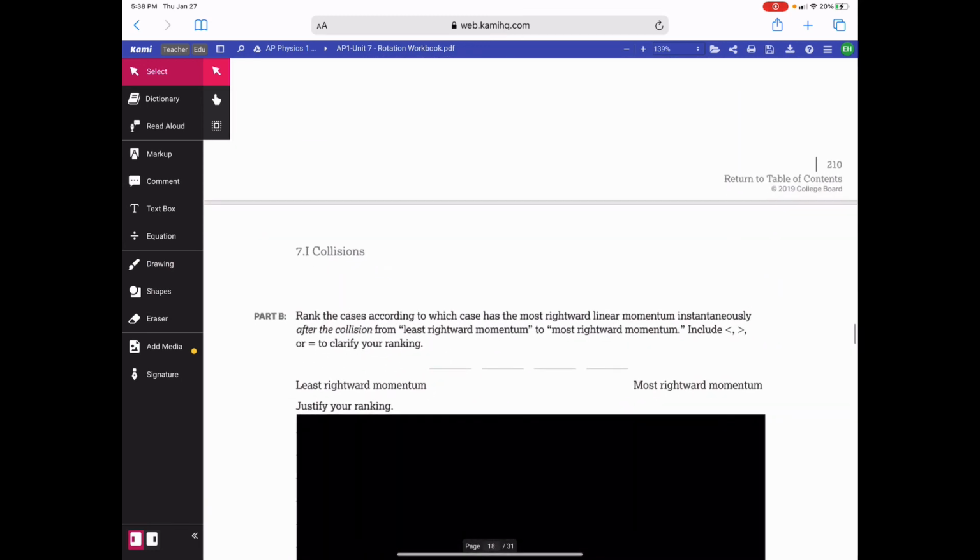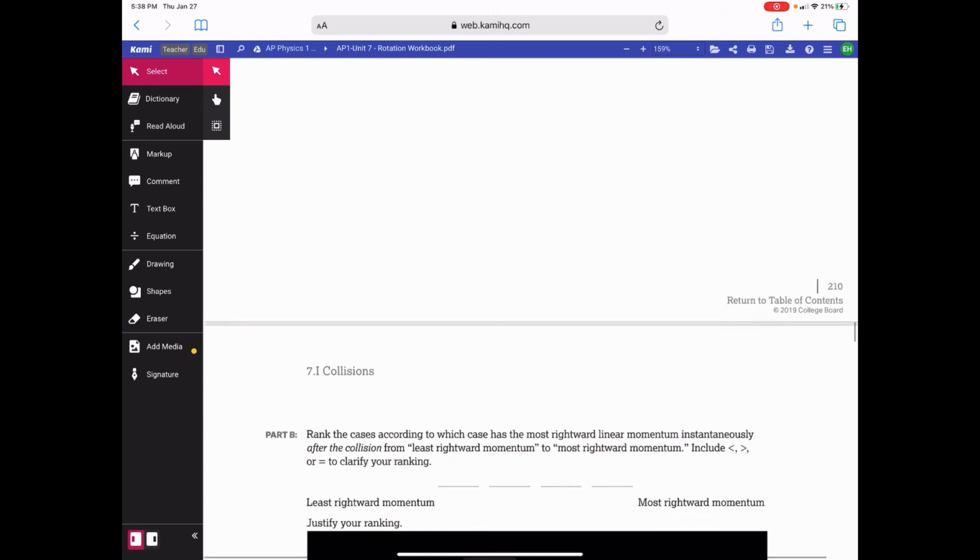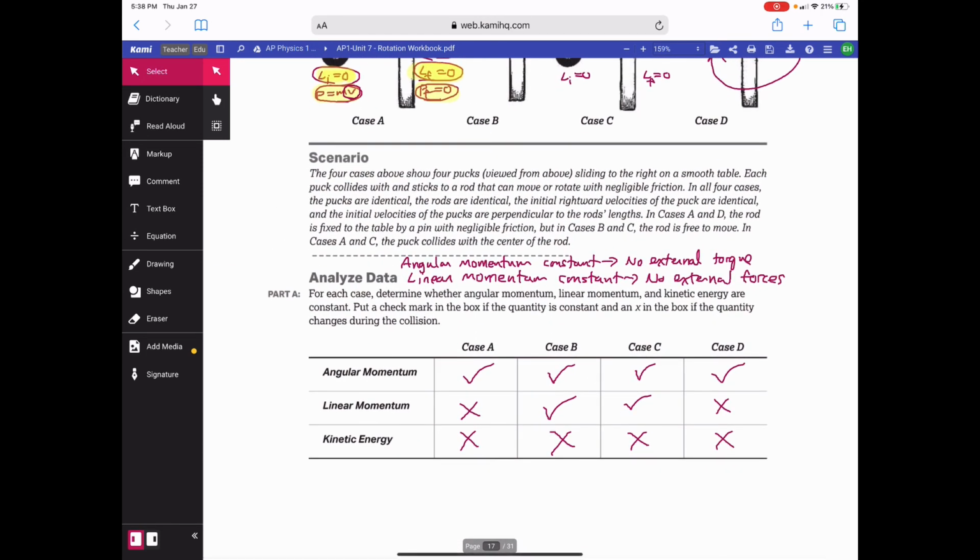Rank the cases which had the most rightward linear momentum instantaneously after collision, from the least rightward momentum to most rightward momentum. So the least rightward momentum, well, first of all, cases B and C have the most.